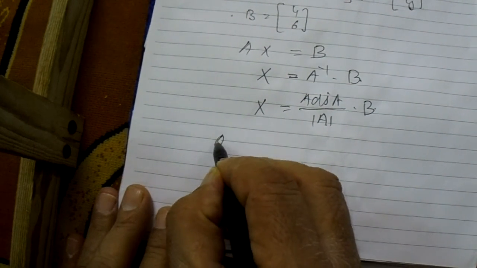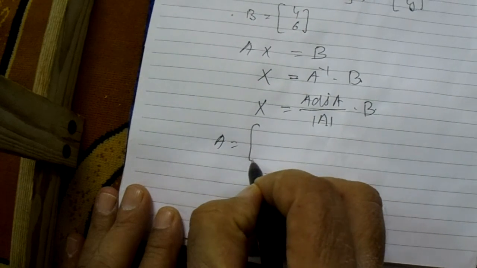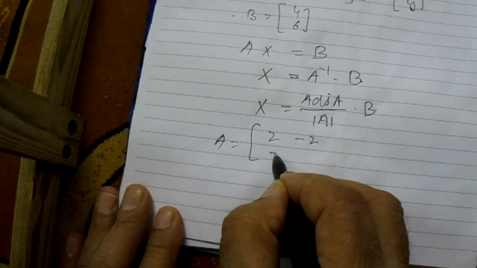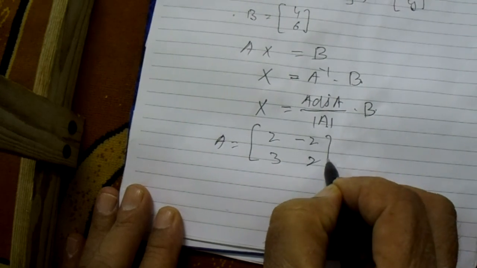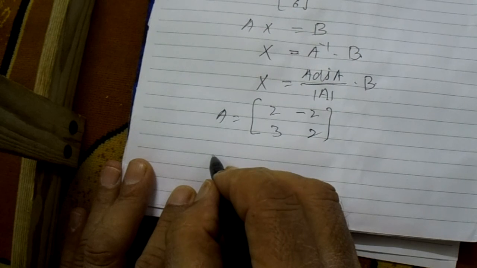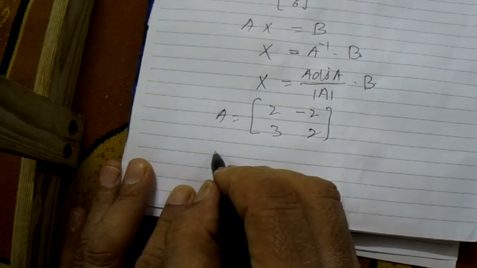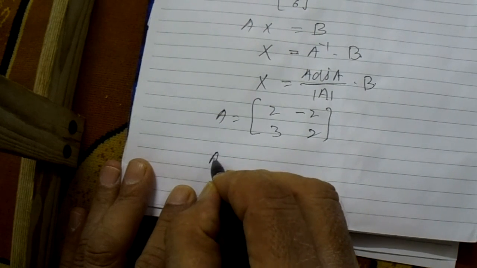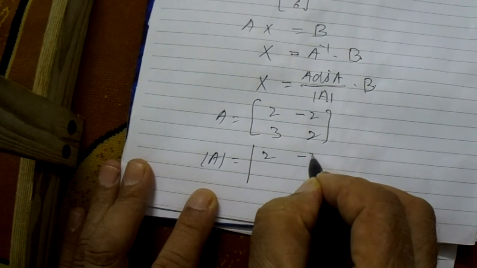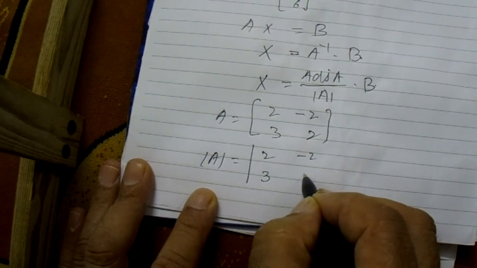Now first we will find determinant A. Matrix A is 2, minus 2, 3, 2. We write this matrix in determinant form: determinant A is equal to 2, minus 2, 3, 2.